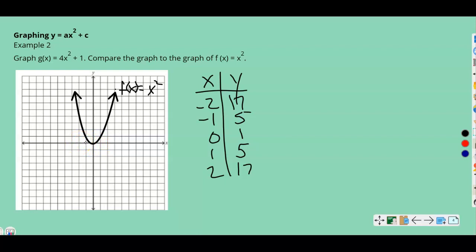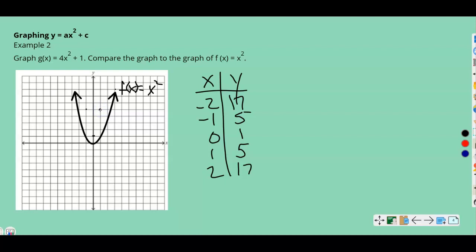Let's go over -1, up 5. 1, 2, 3, 4, 5. And then I'm going to do 0, 1. And then I'm going to do 1, 5. And then again, 2, 17 will be off the graph again.